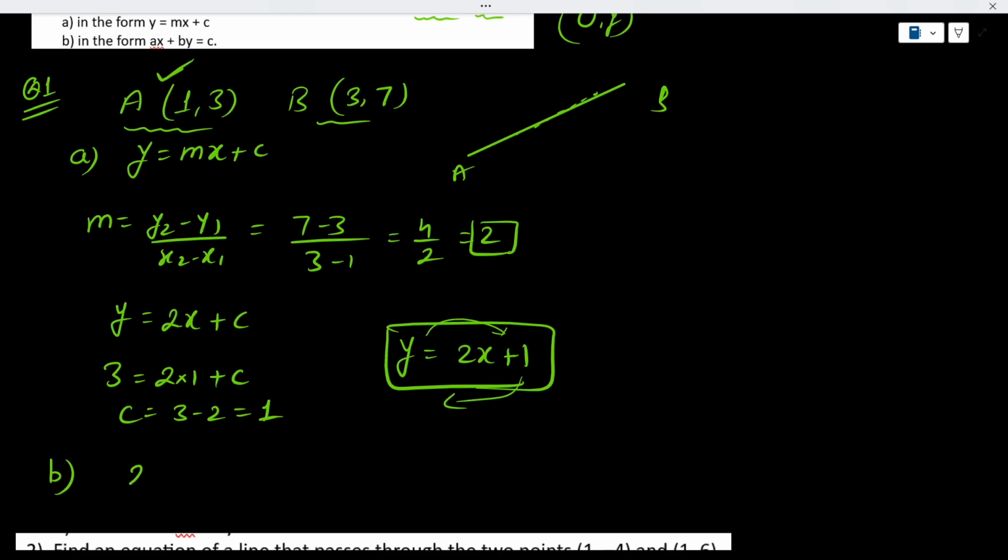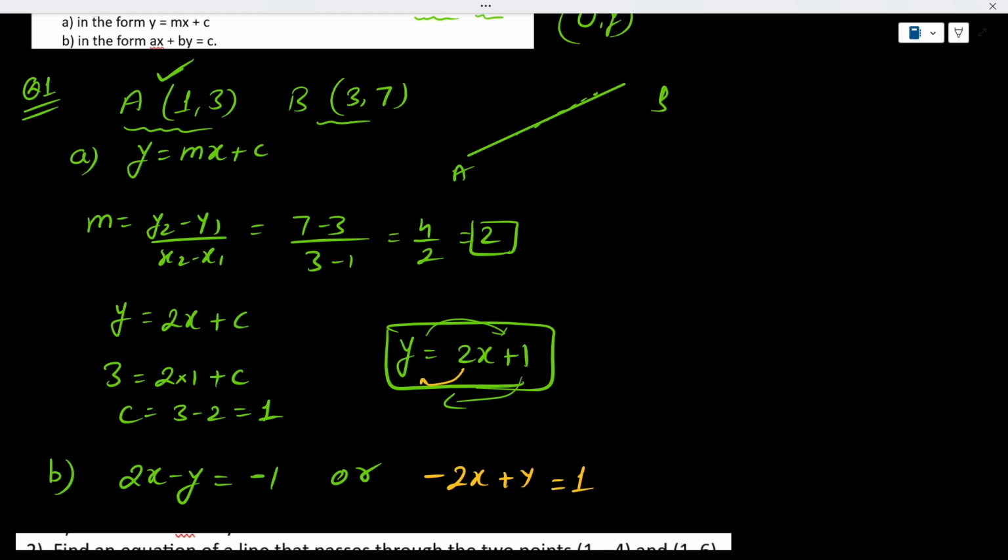I can write this as 2x minus y equals minus 1, or I can do y minus 2x, so minus 2x plus y equals 1 also you can do. Here the sign can change, minus 2x plus y, because I can transpose 2x also to the left hand side, equals 1.